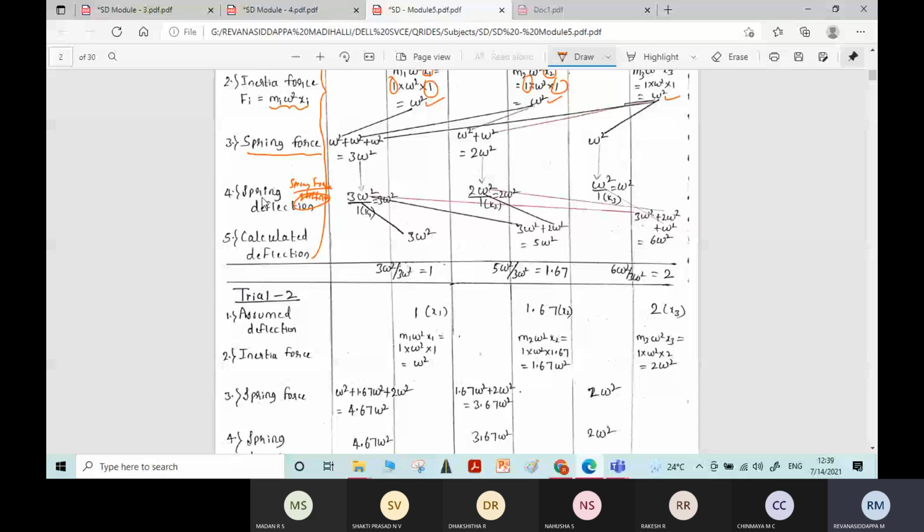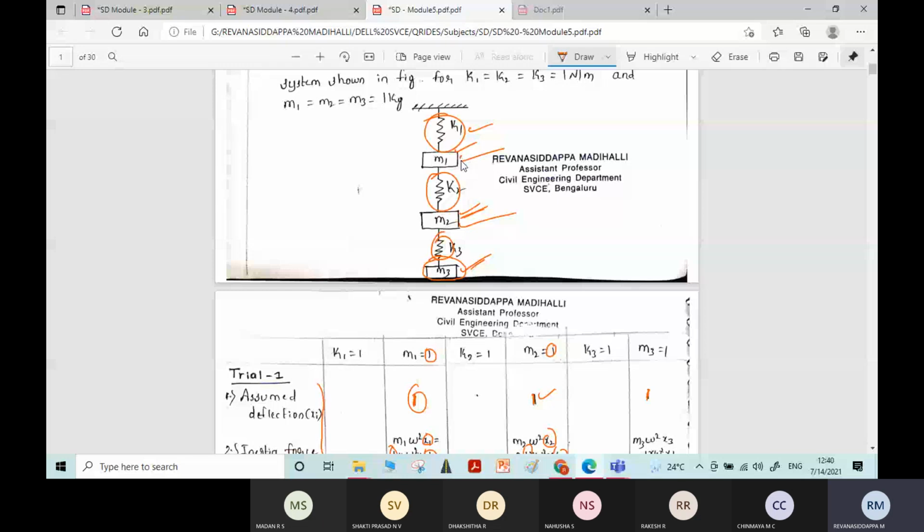The deflection of mass 2 is the sum of deflection of mass 1 and mass 2. The deflection of mass 1 is only the deflection corresponding to mass 1, that is 3 omega square.